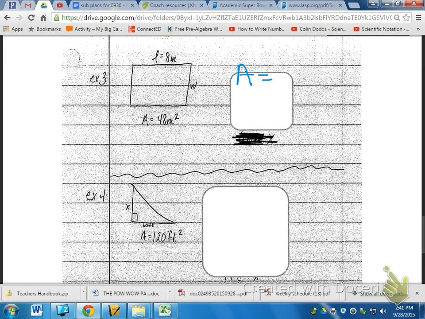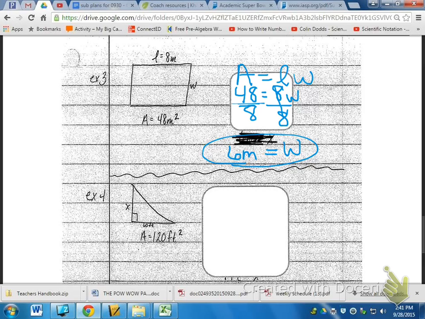A equals L times W. I know for A, I'm going to put in 48. For length, I'm going to put in 8, and W is going to stay W. This is a one-step equation where I divide by 8. So my W equals 6 meters.